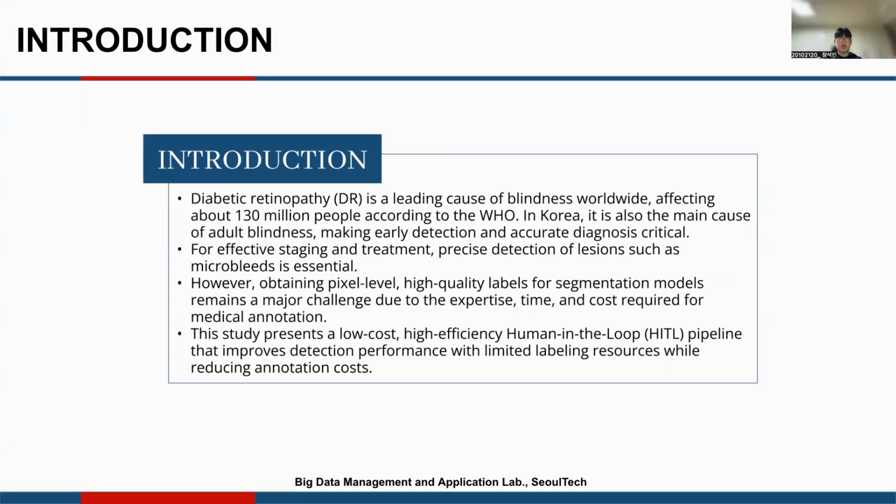However, obtaining high-quality pixel level labels for training precise lesion detection or segmentation models remains a major challenge due to the expertise, time, and cost required for medical annotation. To address this issue, our study proposes a low-cost, high-efficiency human-in-the-loop pipeline that improves model performance while reducing annotation cost even under limited labeling resources.